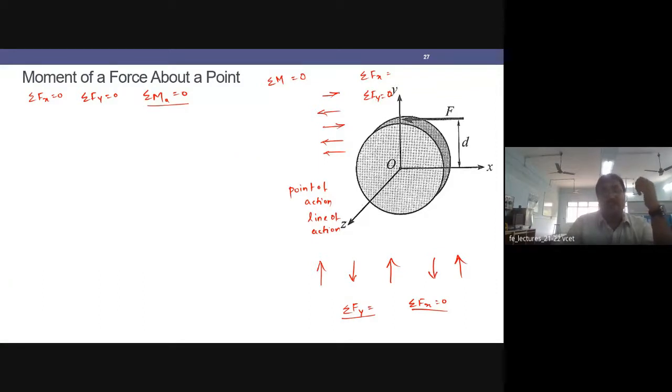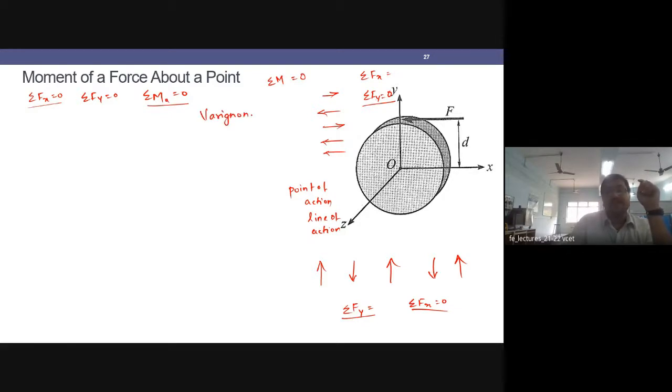In the case of a horizontal force system, sigma Fy is 0, so I'll be left with sigma Fx and sigma M. So for a parallel force system, we always have at least two equations to find the unknowns. And when I'm talking about a parallel force system, I'll also be discussing Varignon's theorem.